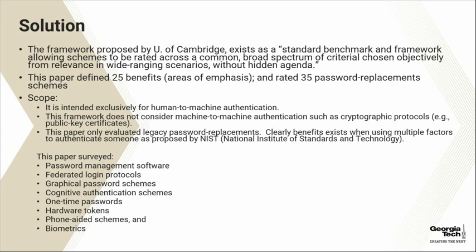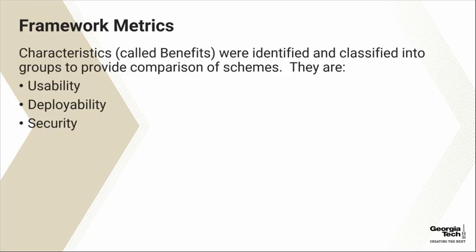And I know that this brings up a lot of things, like, okay, well, NIST recently has published that everybody has to go two-factor or multi-factor authentication. So this paper does not look at multi-factor authentication. It essentially looks at just one factor. So the authors again developed a framework which has metrics in it, which highlight the benefits or characteristics that are important.